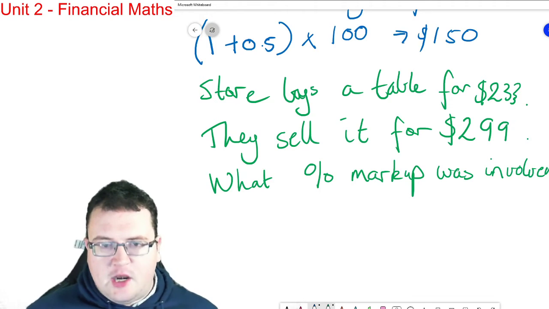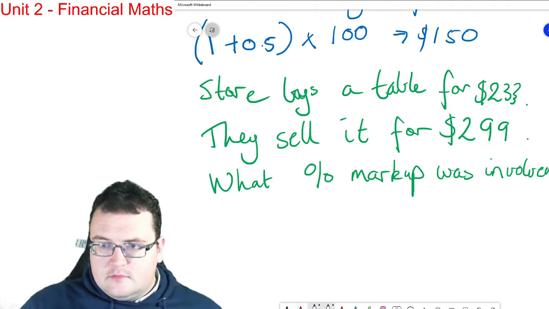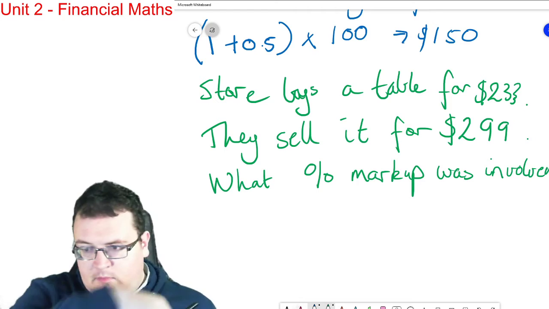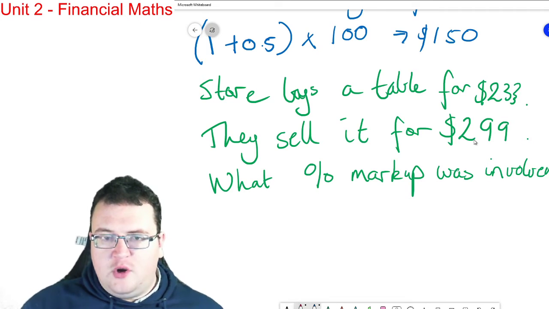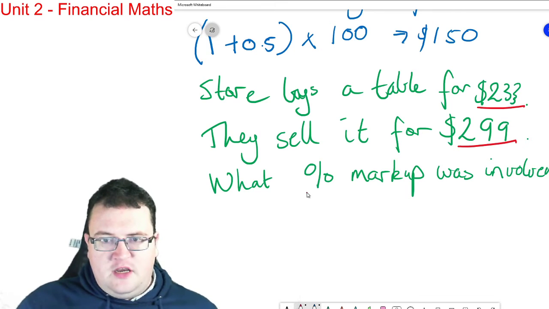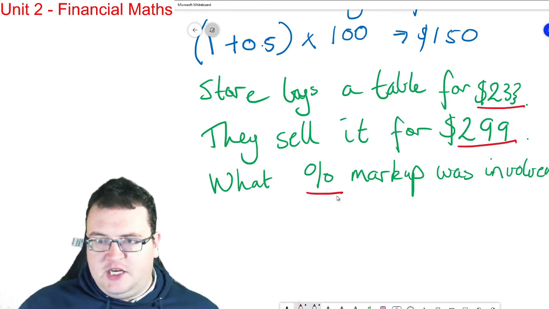So the question is, how do we figure that out? The important numbers that we have are those, and we need to find the percentage.